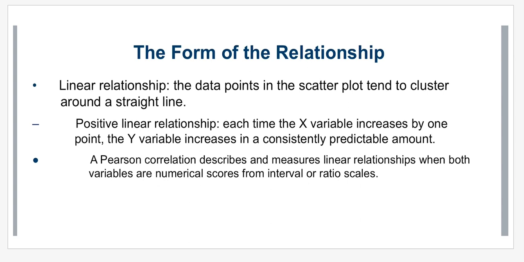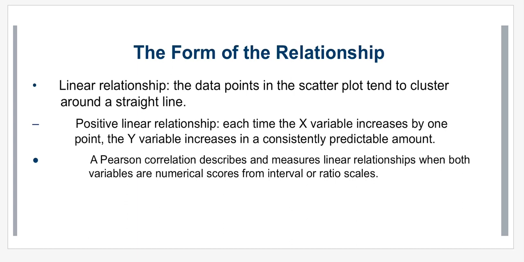If it's positive, each time x increases, y also increases. For a linear relationship, it's going to be by a predictable, consistent amount. So as x increases by 1, the y variable also increases by 1 or 2 or 3 or whatever, but it's consistent each time. It is a predictable amount. And that's what makes it a line, and that's what makes it form that linear looking design of the dots.